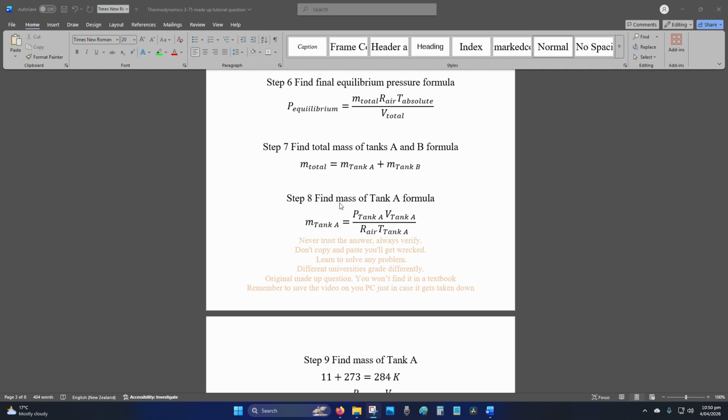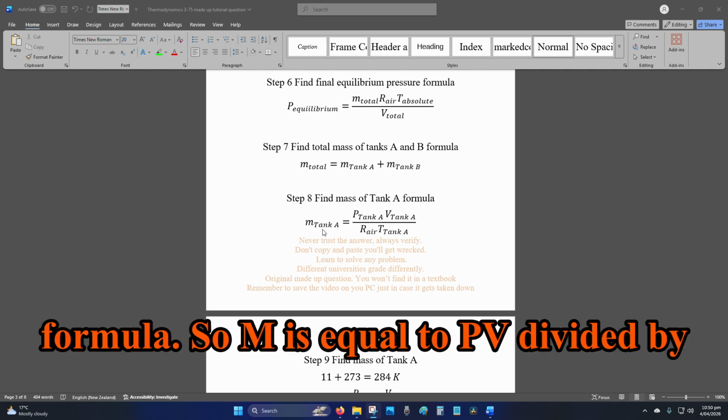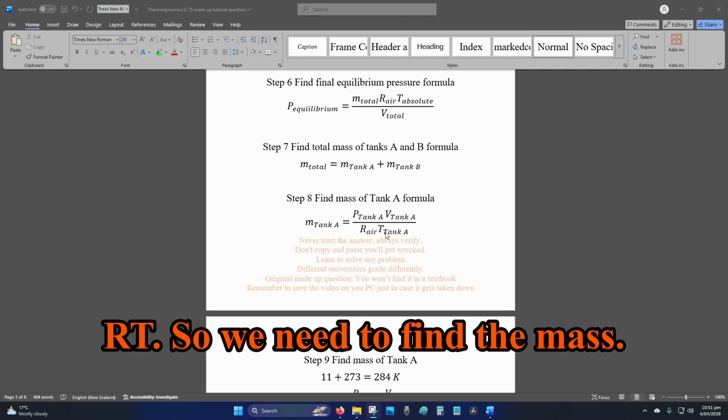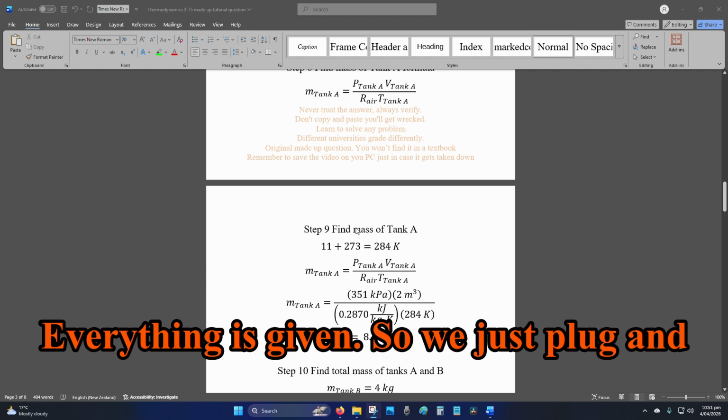Step 8, find the mass of tank A formula. So m is equal to PV divided by RT. So we need to find the mass. Everything is given.